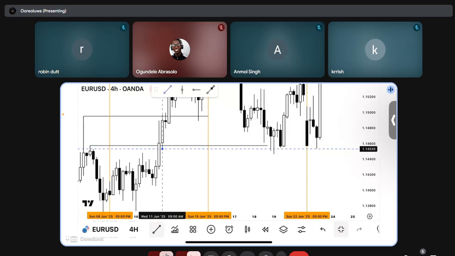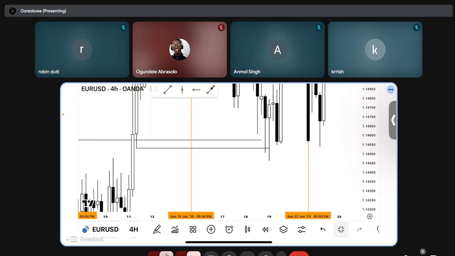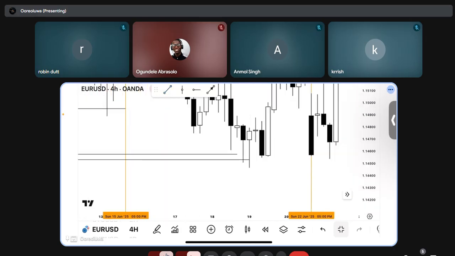This is a fair value gap on the 4 hour. Now we wicked the 4 hour fair value gap. This is the candle that wicked it. From the key level, what did you see? We wicked below it.